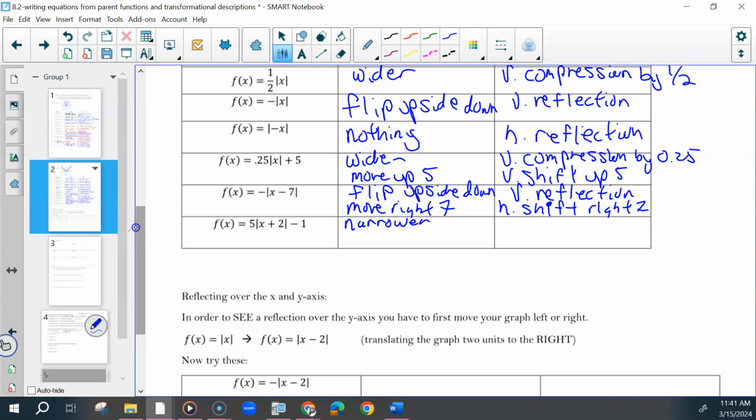What else? Left. It did move left. It shouldn't flip. And move down 1.